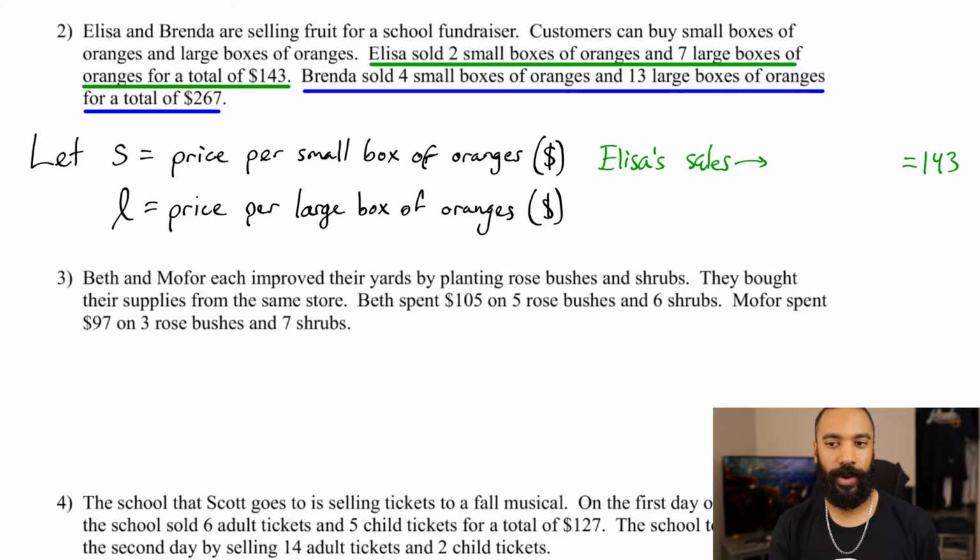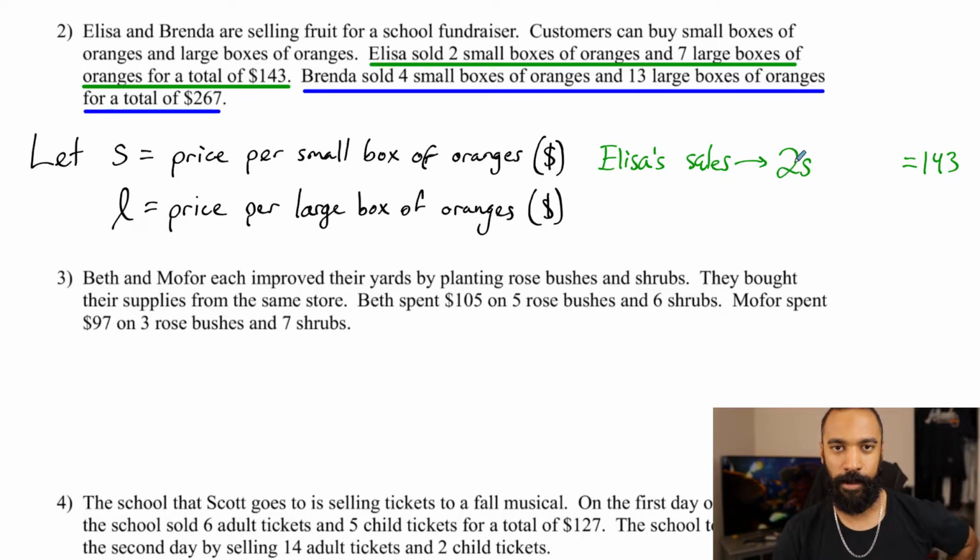So one way that I can write this term out is say, if I take 2, the number of small boxes that she sold, and multiply it with the price per small box of oranges, s, what I'm going to get collectively is 2 times s. 2 times s is a term that represents the total amount of money that Elisa made by selling these 2 small boxes.